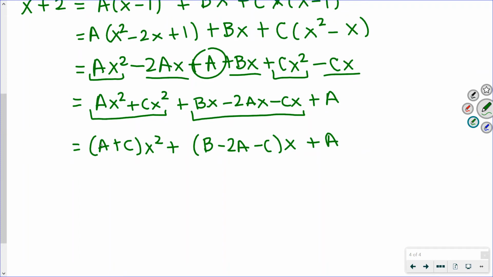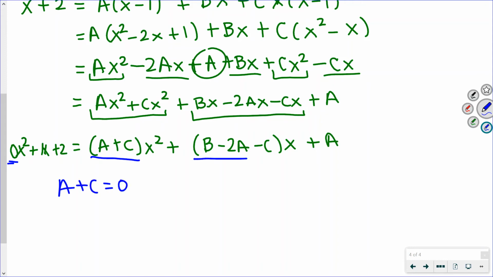So I know my initial part here was x + 2, but I'm going to write it like this: 0x², 1x, and plus 2. What this allows me to do is to say A + C is equal to 0.